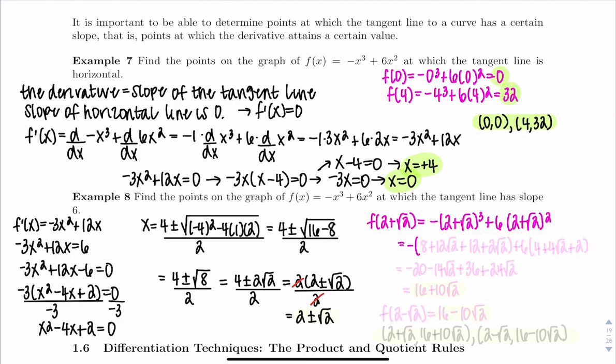So we get negative 8 plus 12 square root of 2 plus 12 plus 2 square root of 2 plus 6 times 4 plus 4 root 2 plus 2. And so we get negative 20 minus 14 square root of 2 plus 36 plus 24 square root of 2, which gives me 16 plus 10 square root of 2.